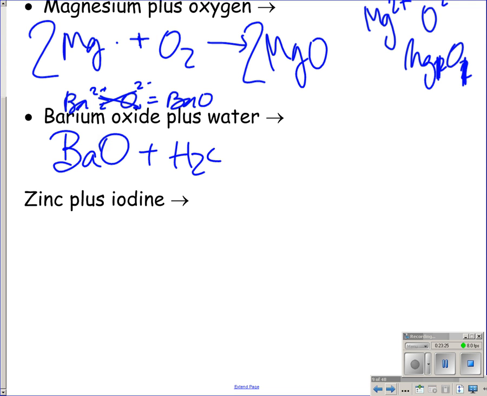All right, plus water. What's the rule here? You just wrote this down. Metal what? Hydroxide. Who's my only metal here? Barium. So it has to be barium. And then barium hydroxide is what? OH, but parentheses. Where'd the 2 come from? Barium's charge.